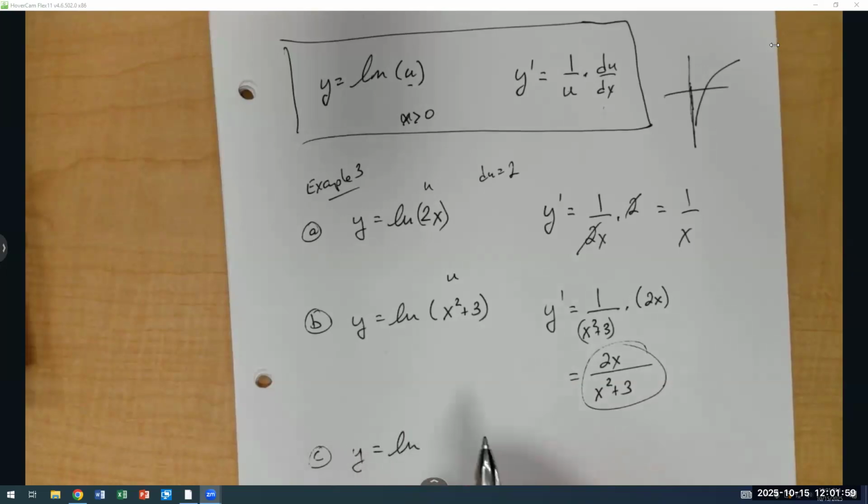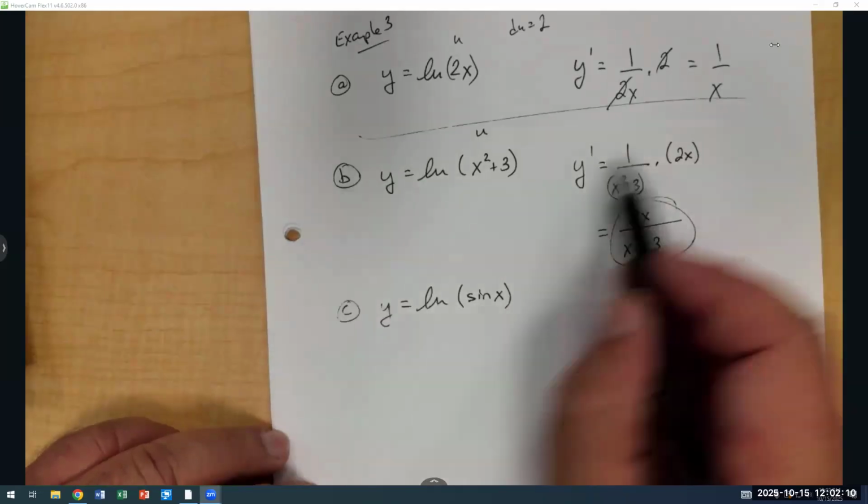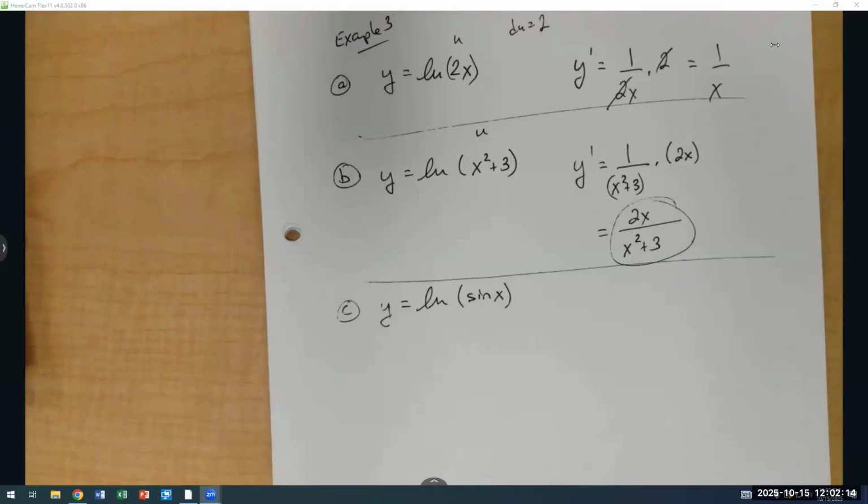Y equals... Is it cosine over sine? Have you worked it out? Does it sound like a question instead of an answer? It's the answer.